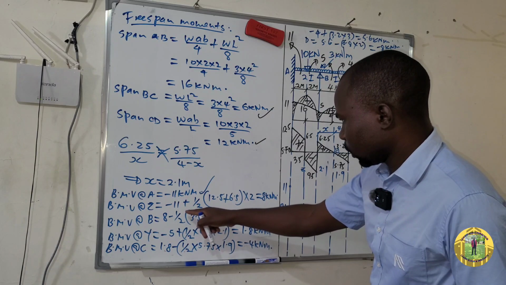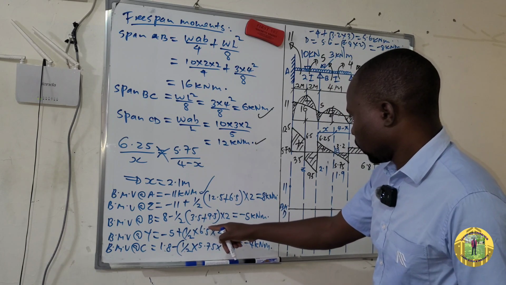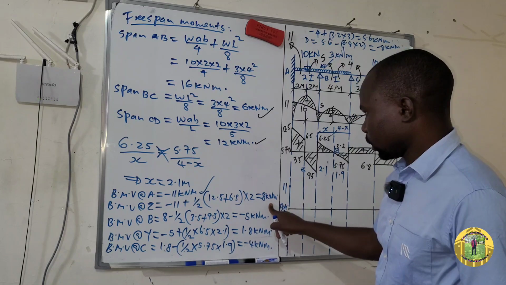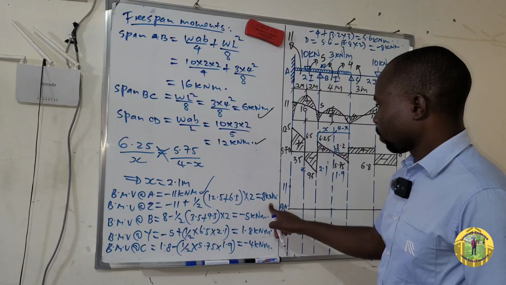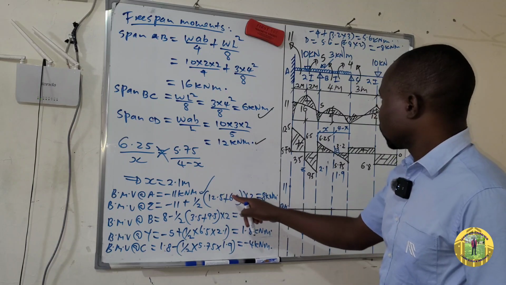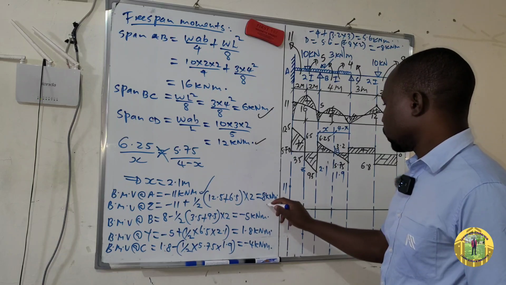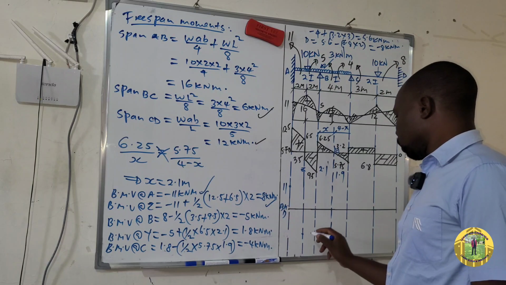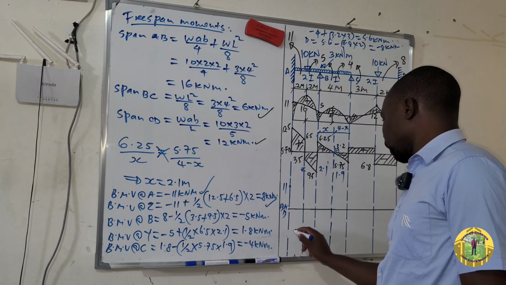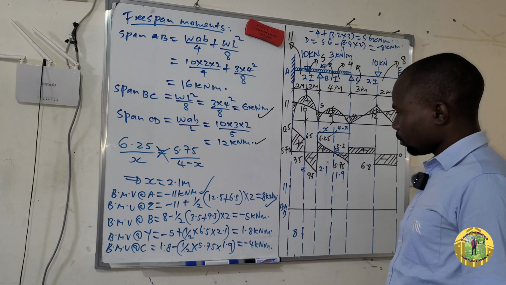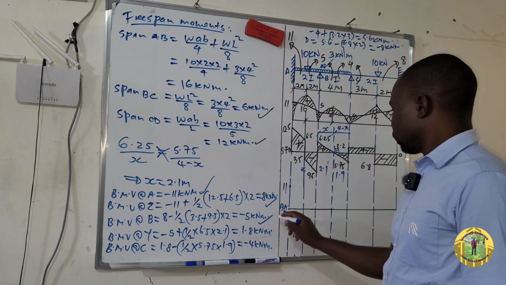Now bending moment at A is this one, then at Z is this one. So 8, which is positive. Somewhere like here, 8.